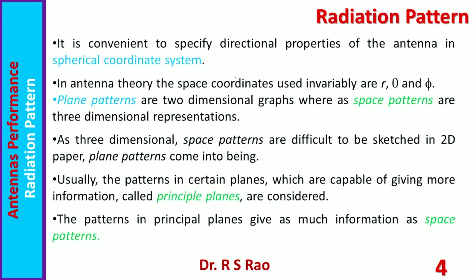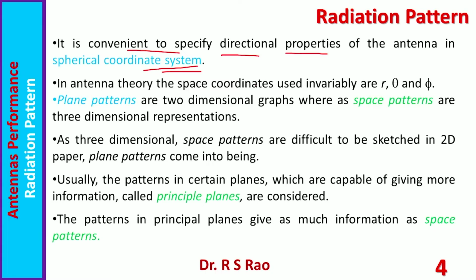Some more points regarding radiation pattern. It is convenient to specify directional properties of the antenna in a spherical coordinate system. This fact has already been mentioned. In antenna theory, it is the spherical coordinate system that is used more frequently than any other coordinate system.